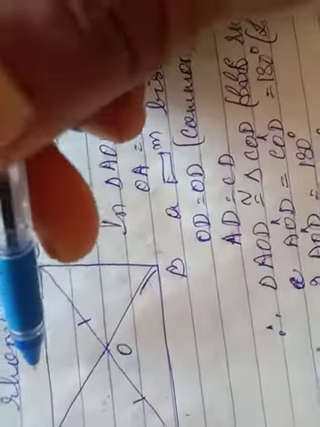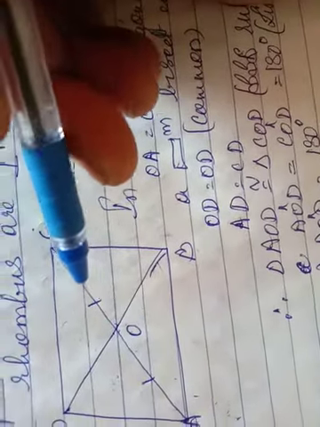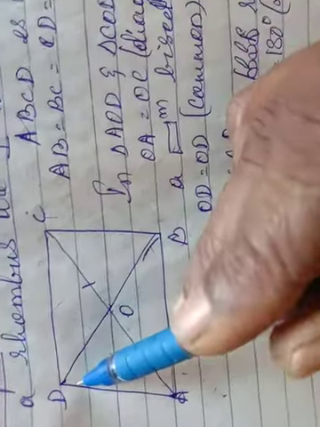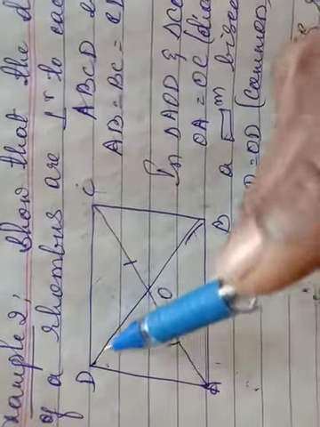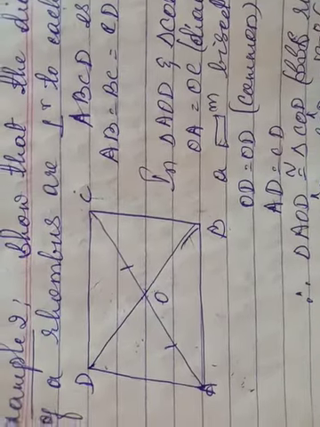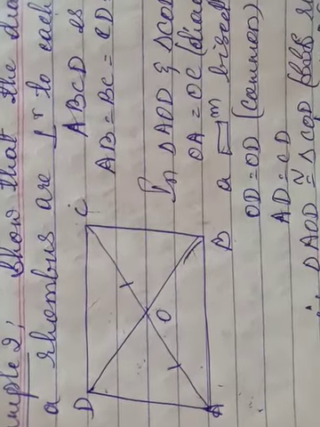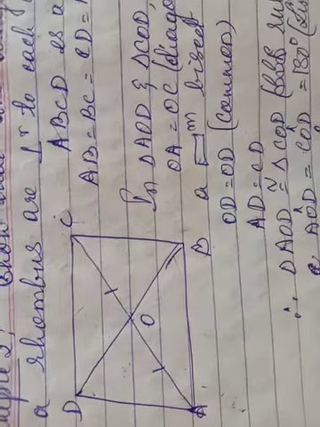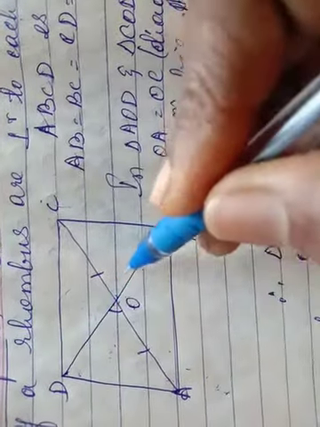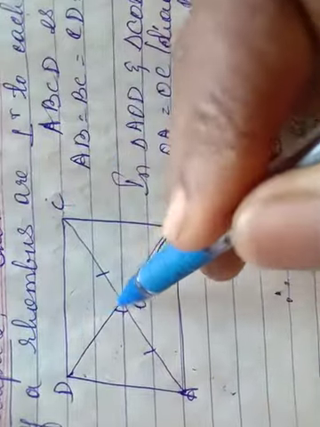Why? All the sides are equal. And then therefore we can say triangle AOD is congruent to triangle DOC. By what rule? SSS rule.